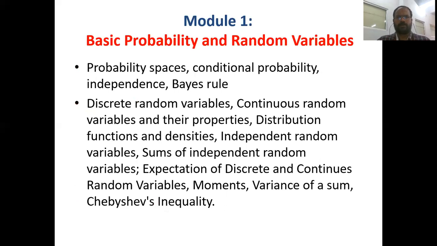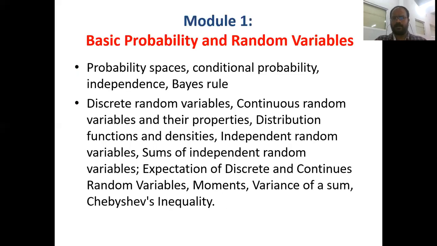If you're tossing a coin, one is a head, another one is a tail. In the first case, the circumference is 2 pi r and the area is pi r square, so the outcome is unique. But in the second case, tossing a coin, the outcomes are not unique. The outcomes are two: one is head, the other one is tail.